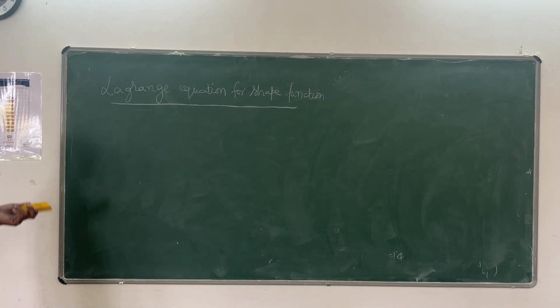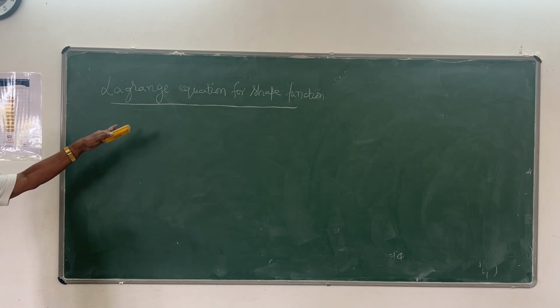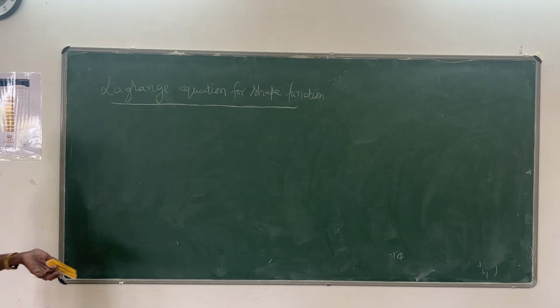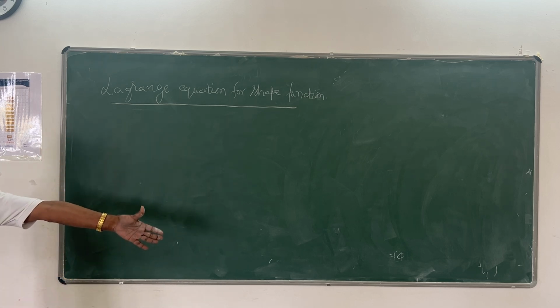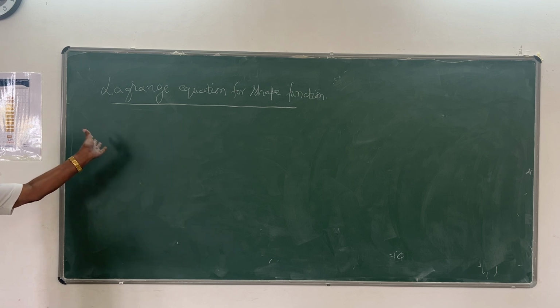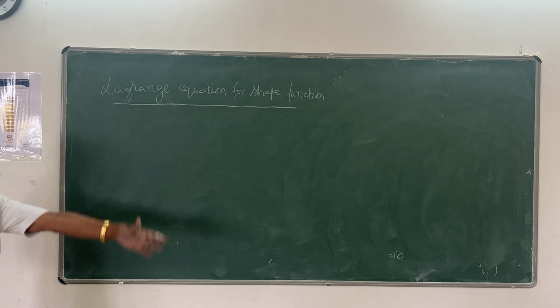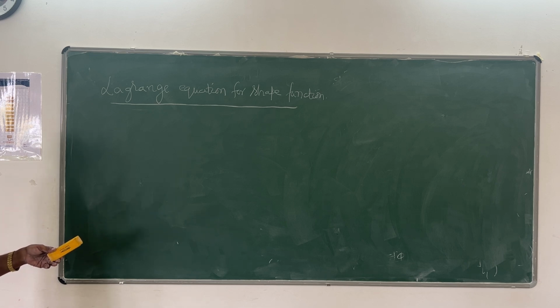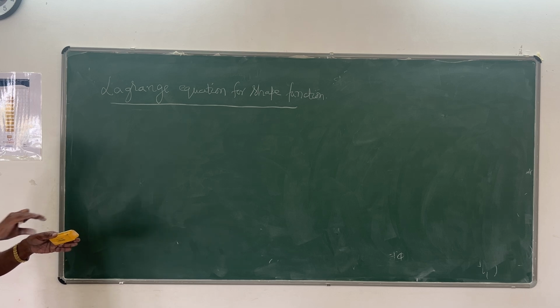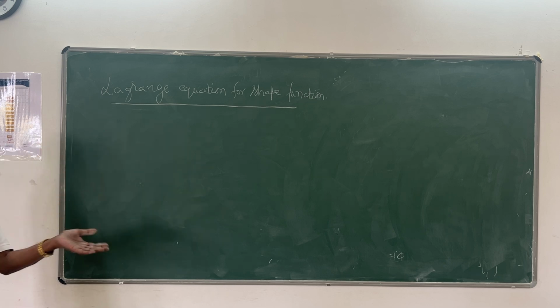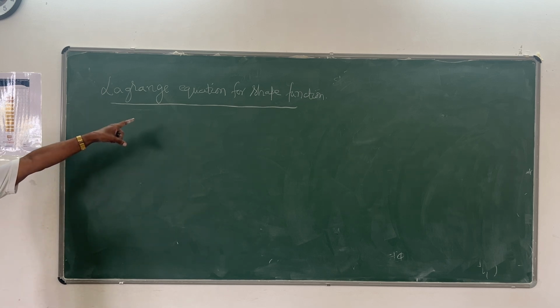So, let us take up this Lagrange simplified equation for finding shape function. The general procedure which I told for finding the shape function is, in the usual way, first choose the displacement in the polynomial form, then apply that equation to various nodes and express that polynomial in nodal displacement terms, then find the inverse of that coefficient matrix, then arrive at the shape function.